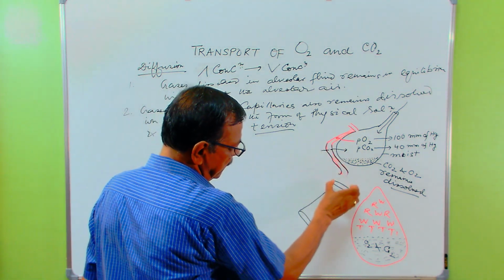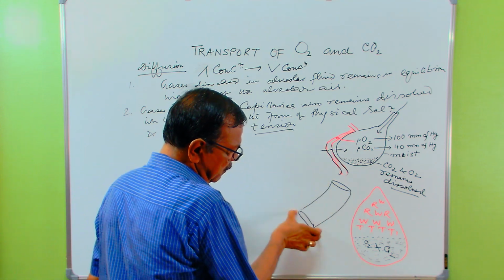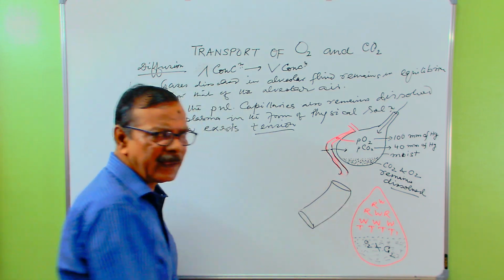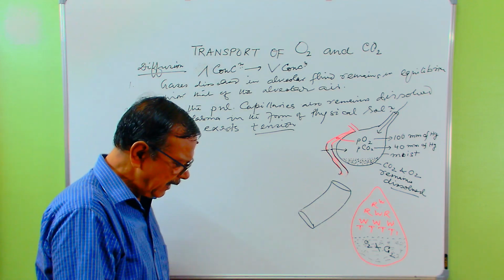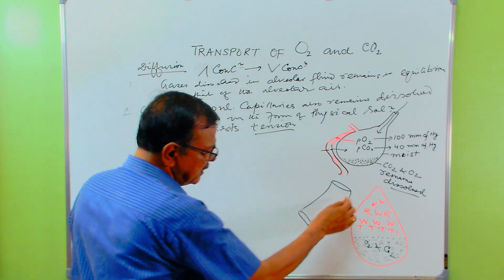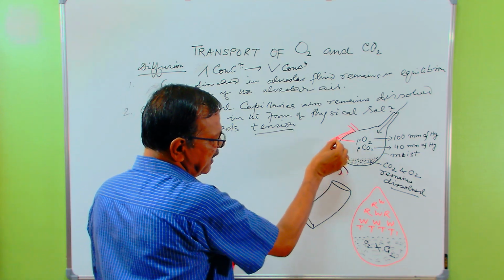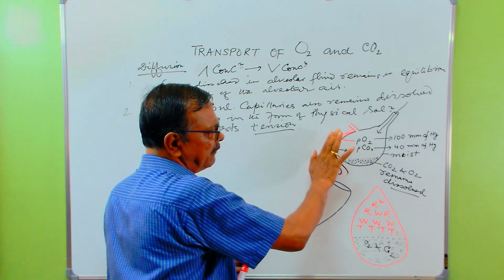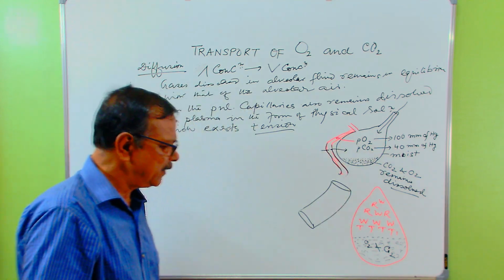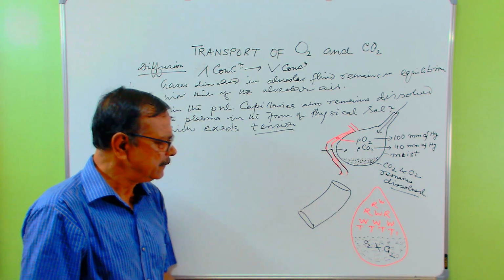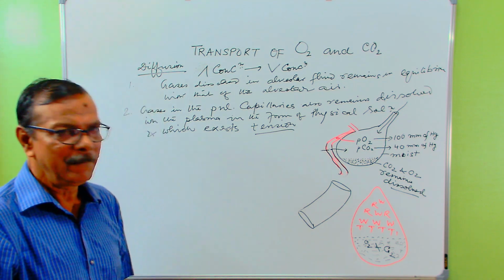What is this? This is the pulmonary capillaries, and this is the wall of the capillary. The capillary wall remains here in the form of a network. So these capillaries have a wall.